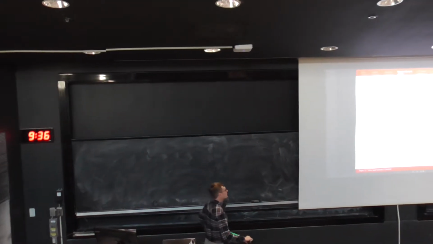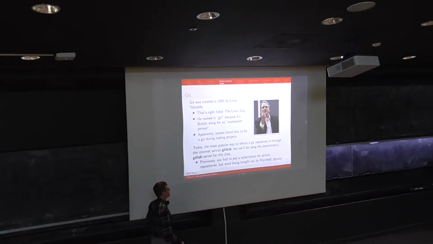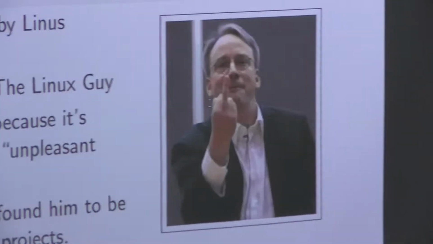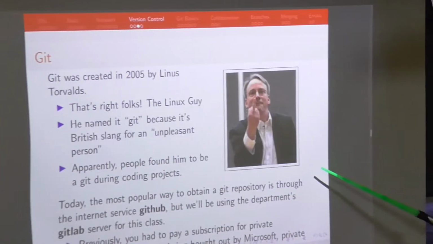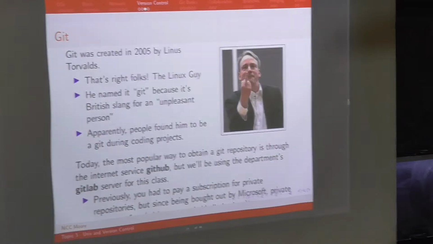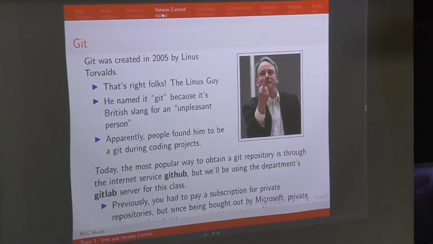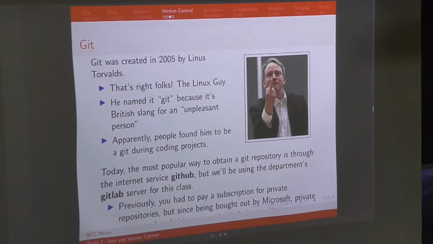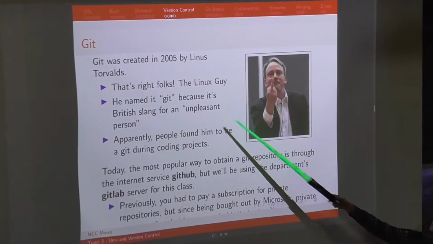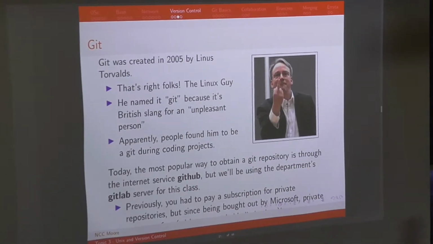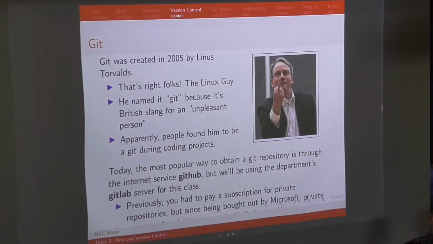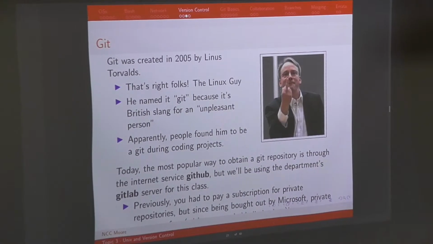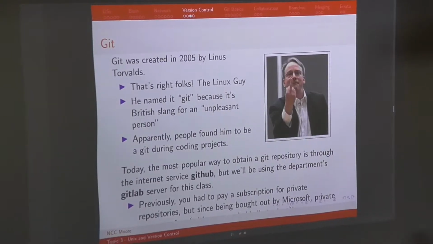Git was created in 2015 by our good buddy Linus Torvalds, who was he? What else did he invent? Remember from last lecture? Yes? Linux. He named it after himself. Git is British slang for an unpleasant person. Apparently, people found him to be one while working with him on projects.